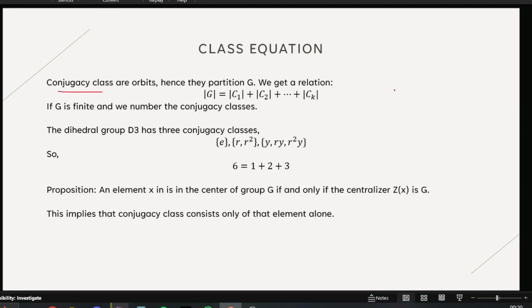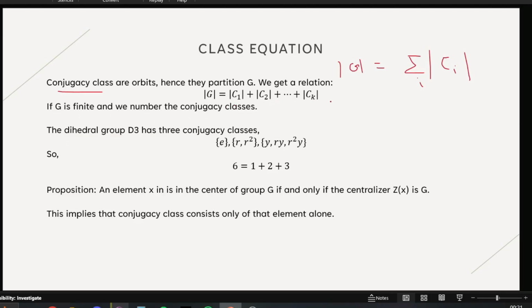If the set is not finite, then we will have that G is equal to the union of the Ci. If the partition is not finite, we will have this solution. But for a finite set, since we are mostly discussing finite sets, this partition will also be finite.